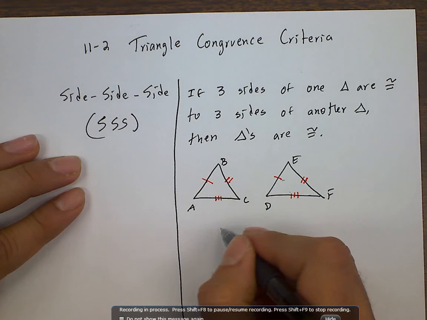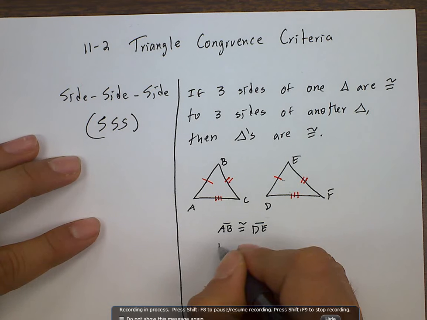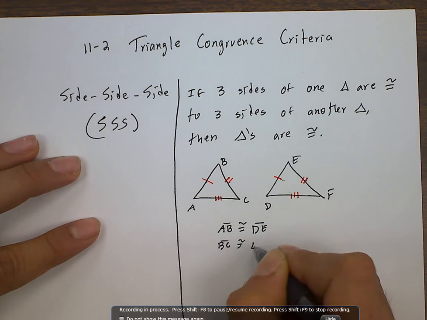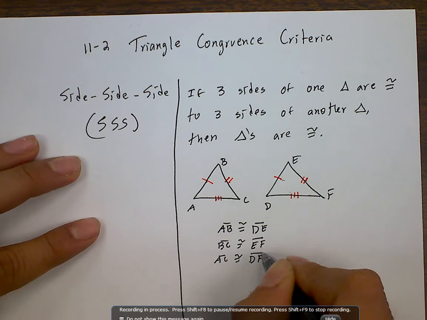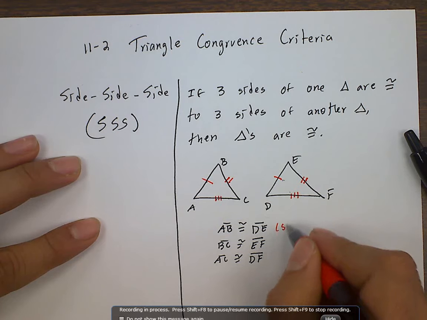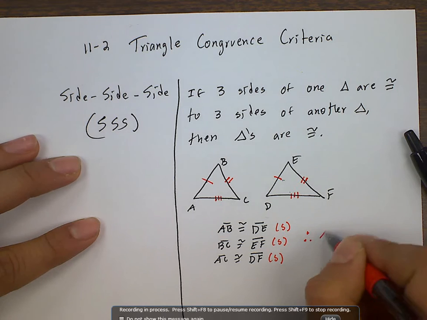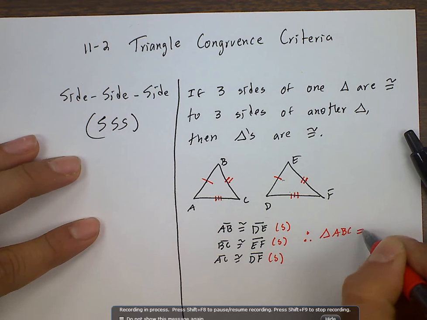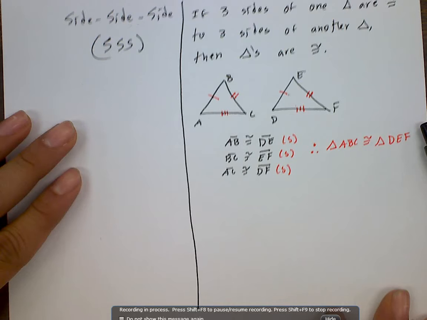So segment AB is congruent to DE. Now segment BC is congruent to EF. And then AC is congruent to DF. So this one is a side, that one is a side, that one is a side. Therefore, triangle ABC is congruent to triangle DEF. Okay? So that's the first one. There's five of them. Next one.